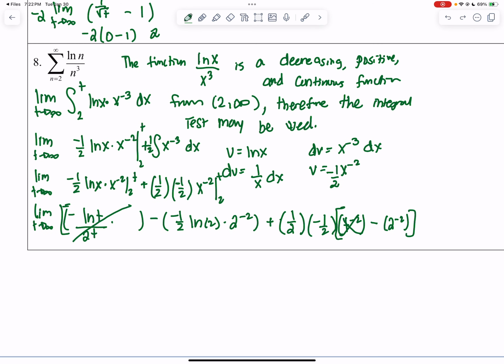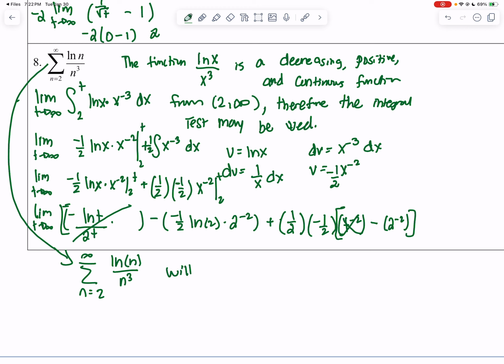So based off of the integral test, because my integral converges to some number, this tells me that my series right here will eventually converge to some number. Great.